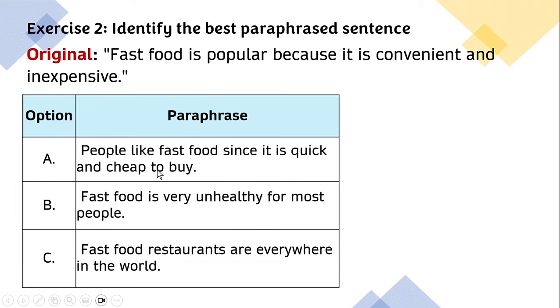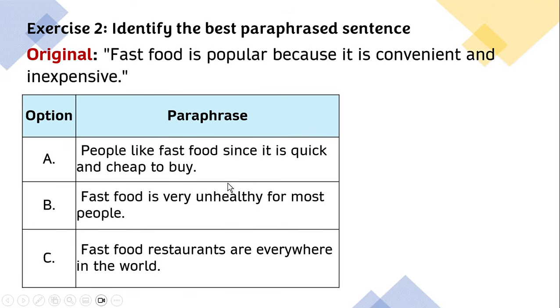Which one is correct? Is it the first one, the second one, or the third one? People like fast food since it is quick and cheap to buy, or fast food is very unhealthy for most people, or fast food restaurants are everywhere in the world.